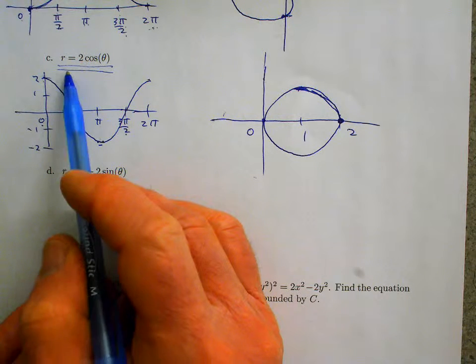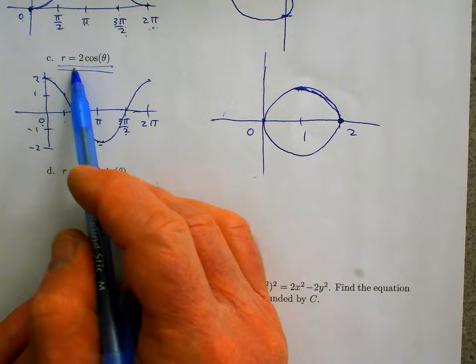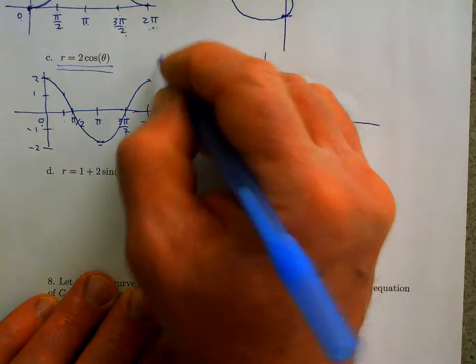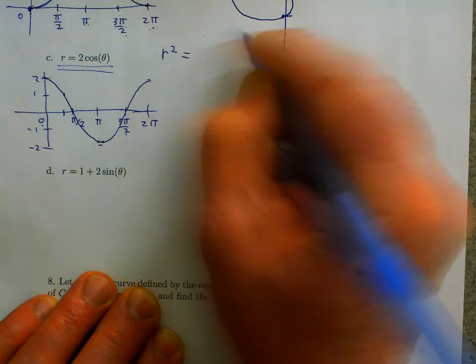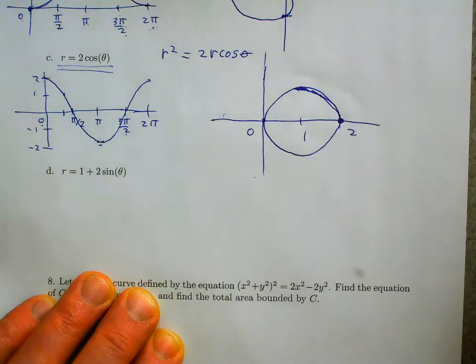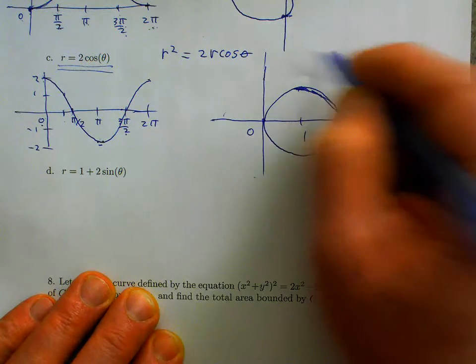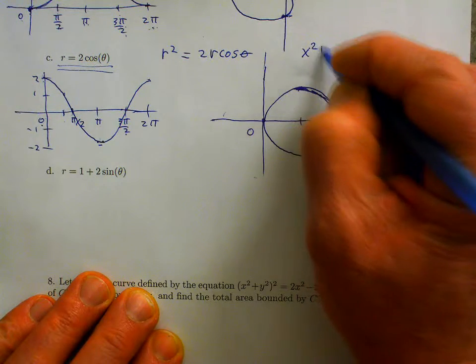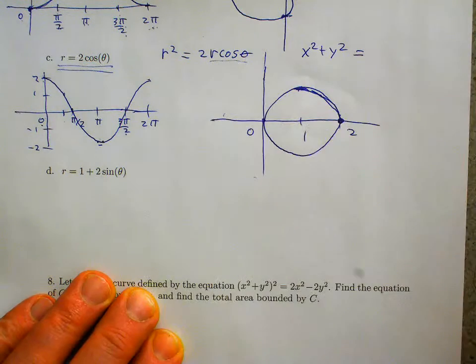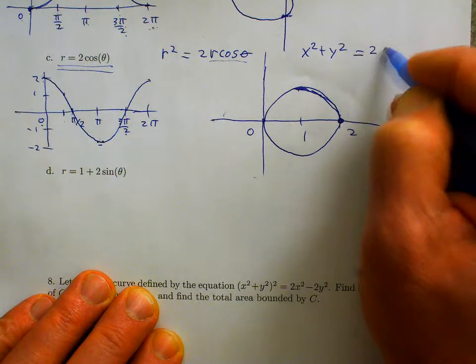So we can multiply both sides by r to get r squared equals 2r cosine theta. Then r squared is x squared plus y squared, and r cosine theta is x, so this is equal to 2x.